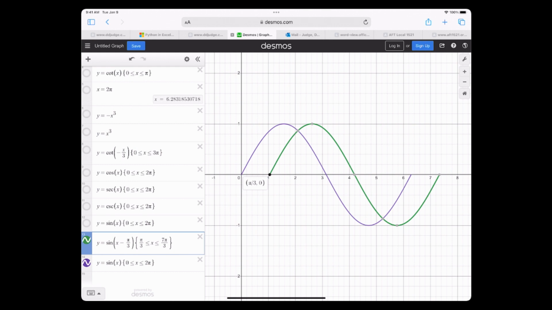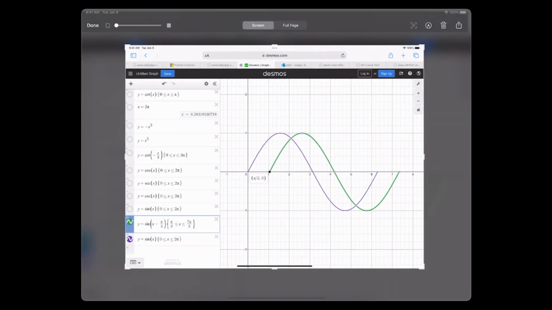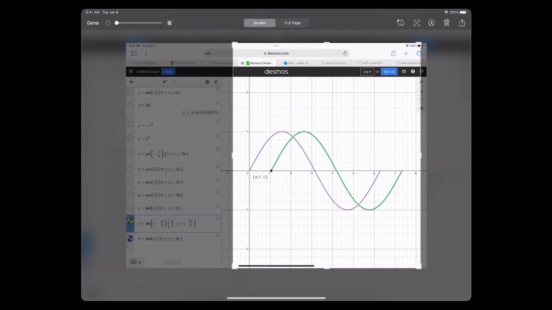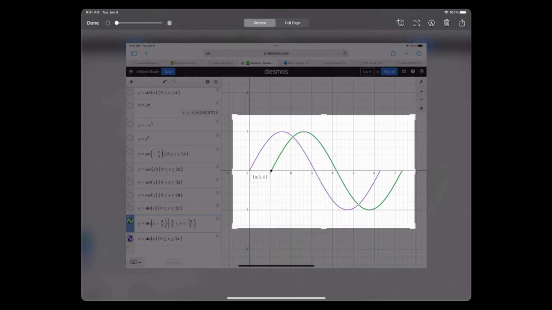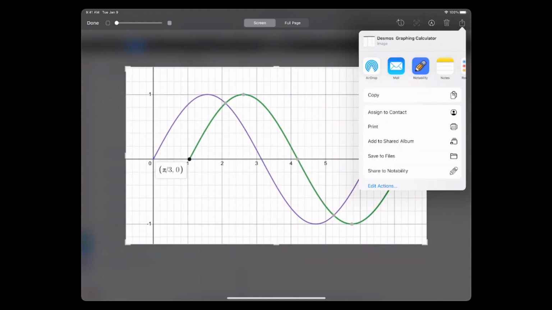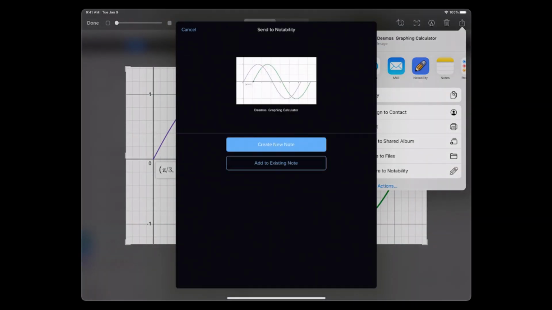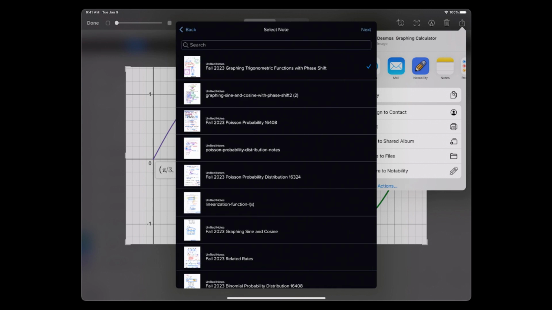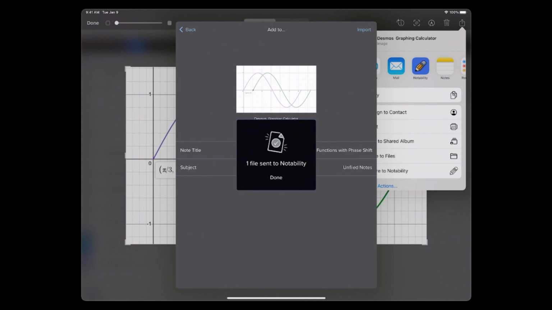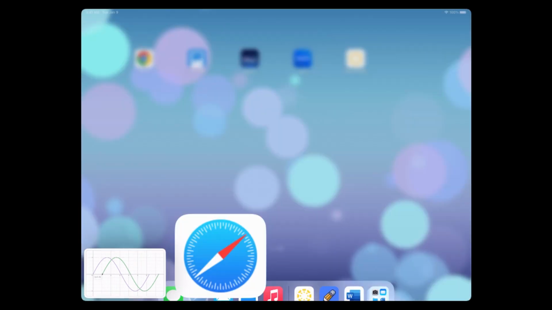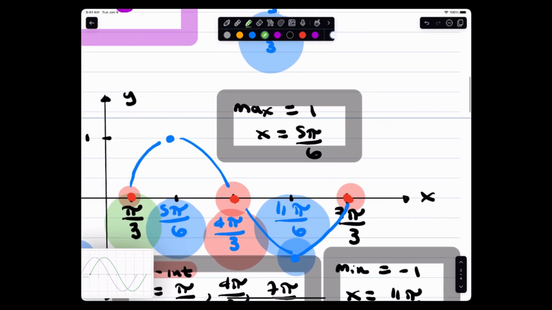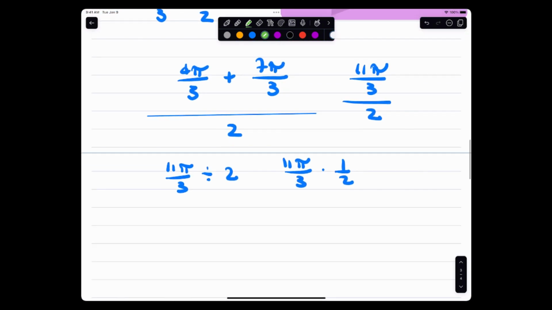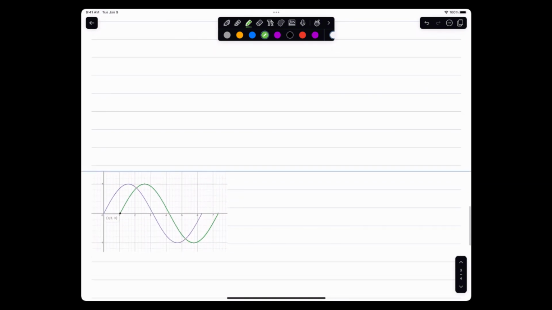So I'm going to put that in our there it is.